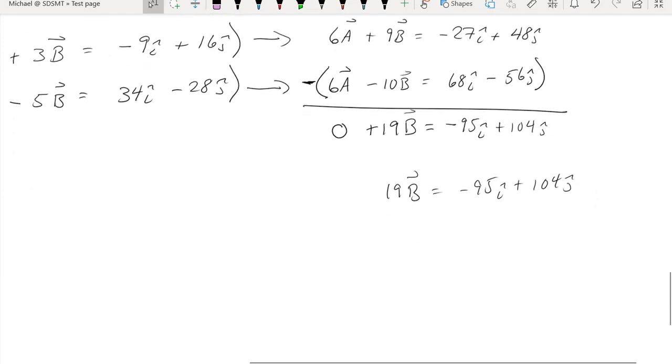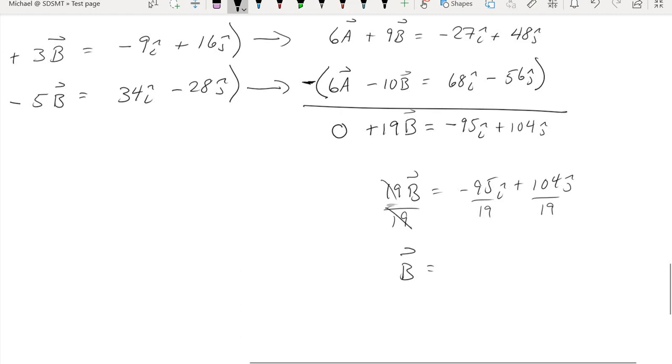Now we've already seen that vector multiplication with scalars, all that does is it carries the scalar through the components. So what would vector division do? Well, division is really just multiplying by a fraction, and so if we came through here and we multiplied everything by 1 over 19, then we will get the values of the components of vector b.